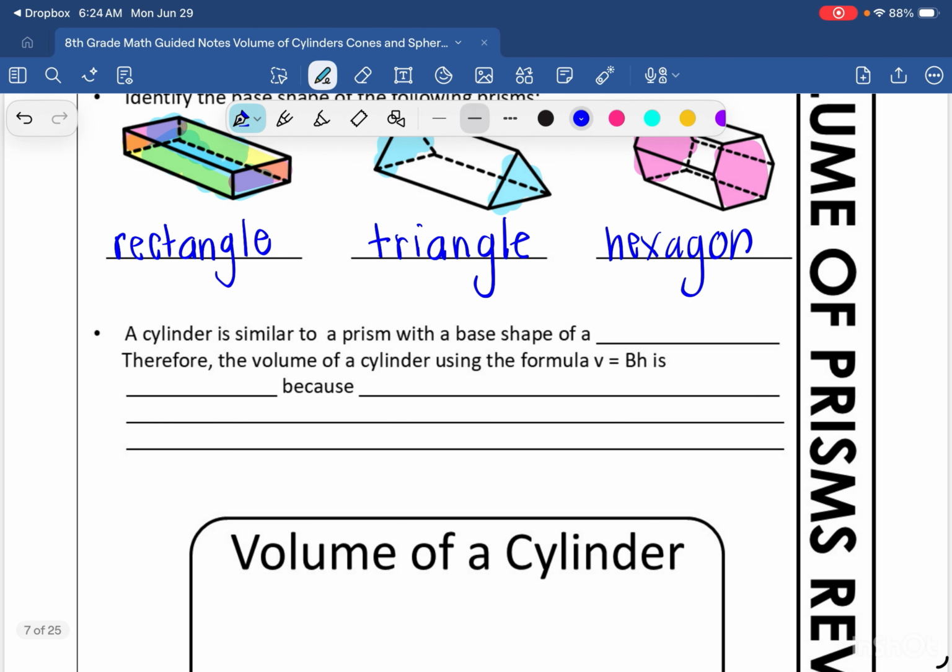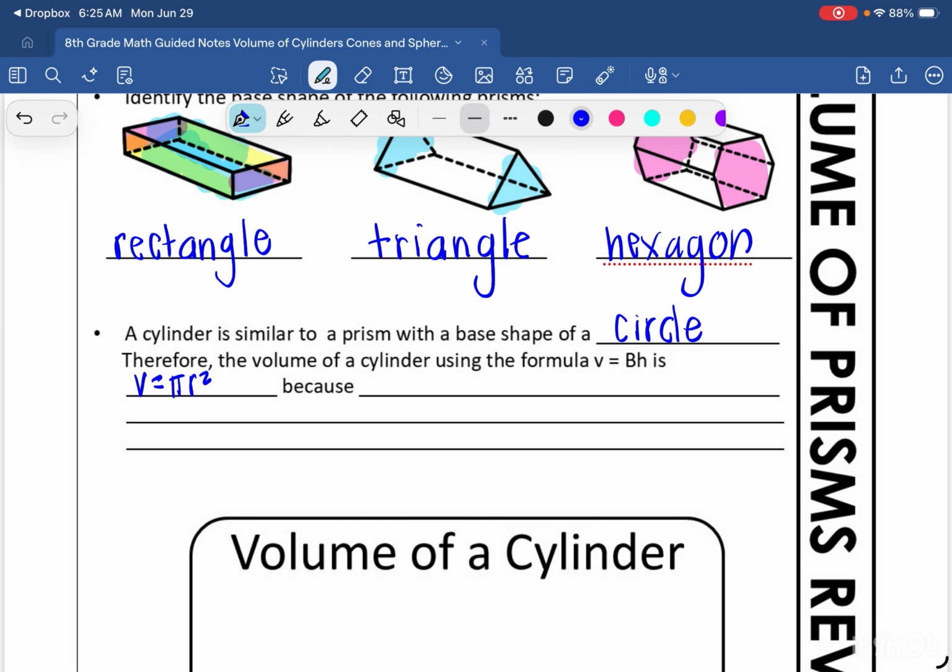A cylinder is similar to a prism with the base shape of a circle, because a cylinder has two parallel circles that are faces. Therefore, the volume of a cylinder using the formula V equals capital B times H, so that B represents the area of the base, is V equals the area of a circle, pi r squared.